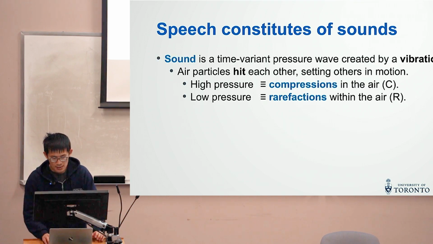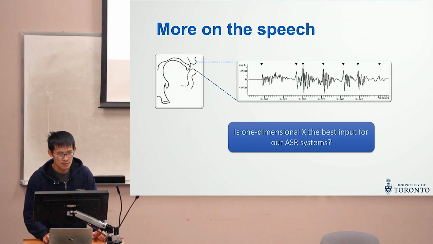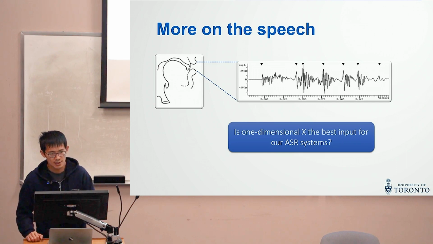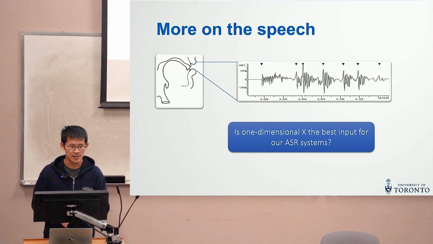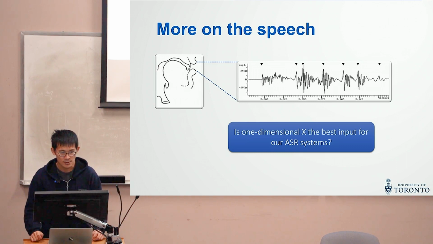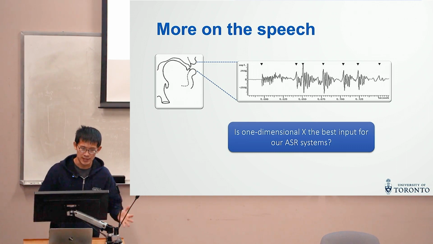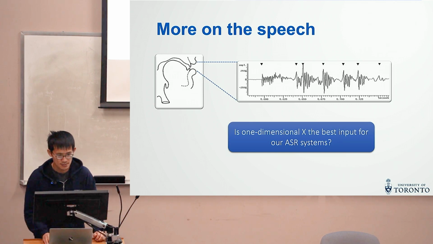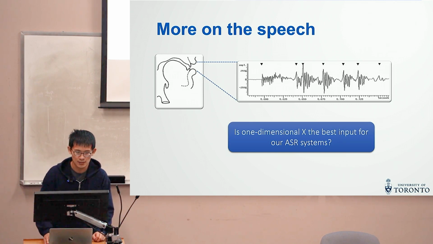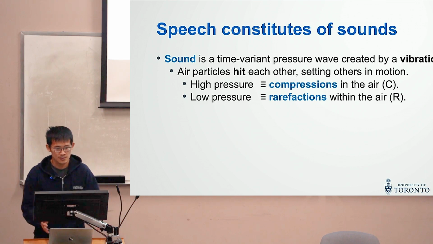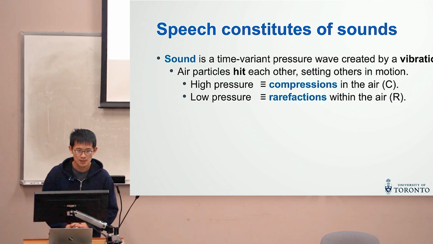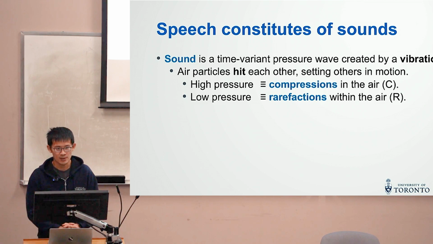In 2 slides, I'm going to describe some methods to analyze the speech in a clearer manner, which is to analyze in the frequency domain. The one-dimensional speech data is not necessarily the best input for the ASR systems. So sounds are time-variant pressure waves created by vibration.